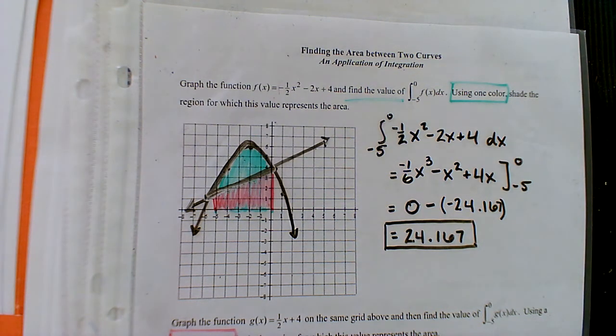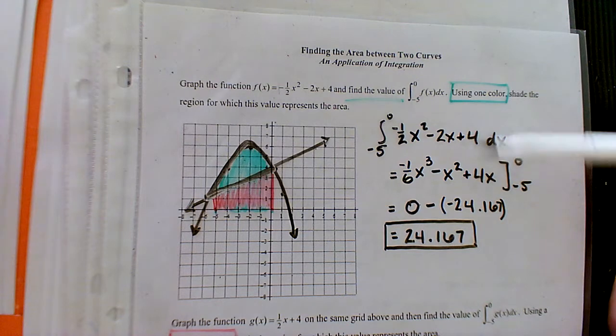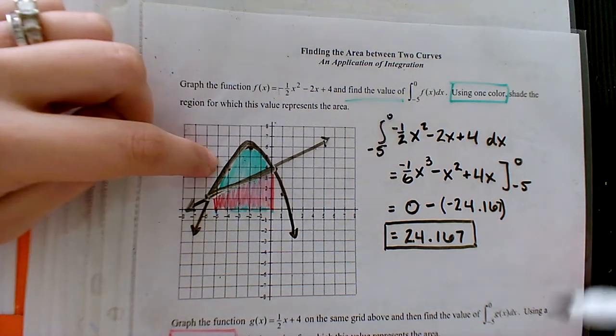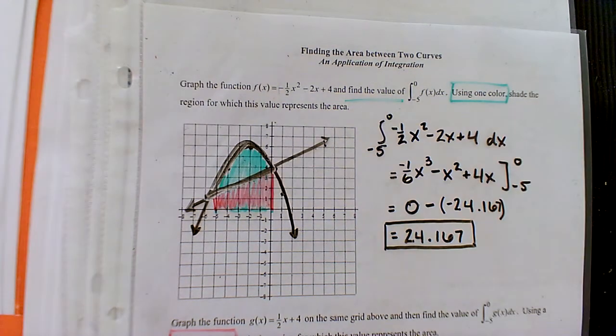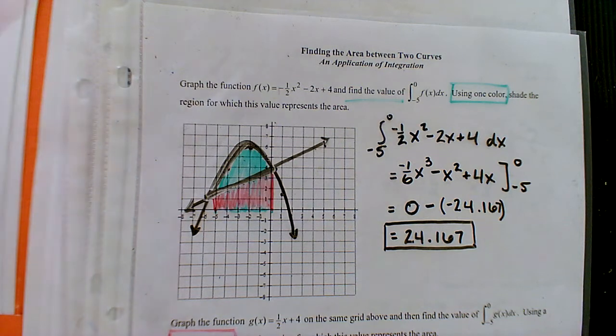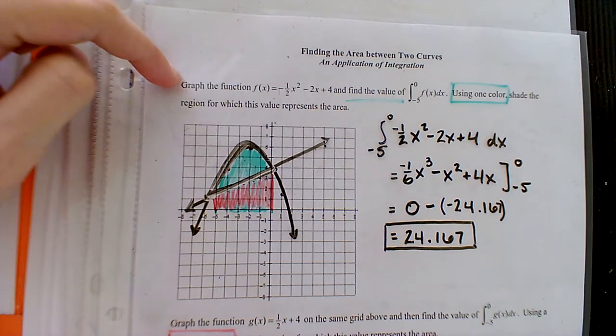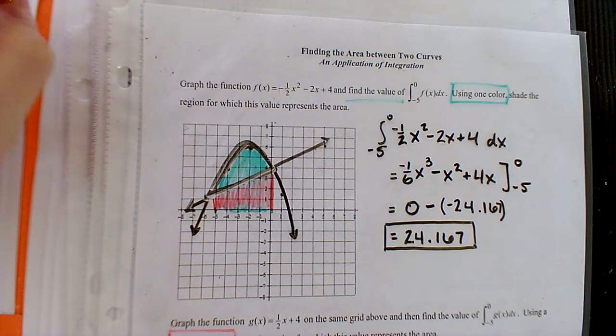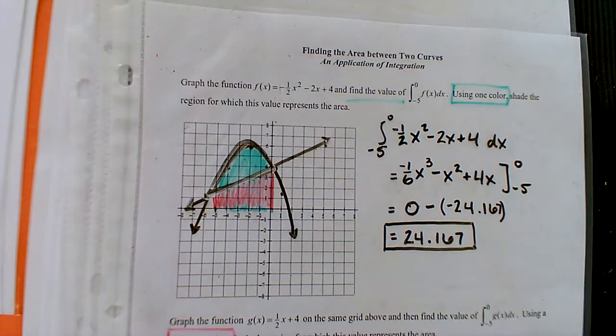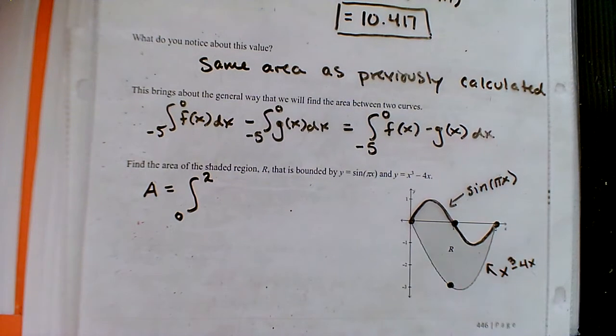Yeah, above. So if we did quadratic minus linear for this example, the quadratic is the top function and the linear was the bottom one. So we're going to have to figure out what's the top function and what's the bottom function on the area. Let's relate it back to this one.